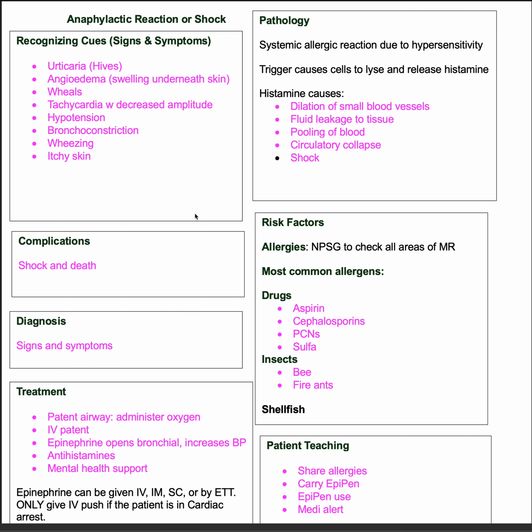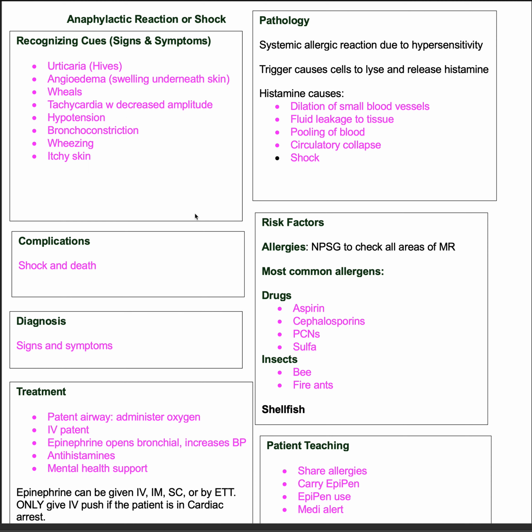Okay, treatment. Number one, you want to maintain a patent airway. So you're going to put oxygen on the patient. If the patient's blood pressure is okay, you can lift the head of the bed because that helps them breathe better. But anybody with a low blood pressure, you're probably going to be giving fluids and drugs that will increase the blood pressure. And I'm going to talk about that in just a minute.